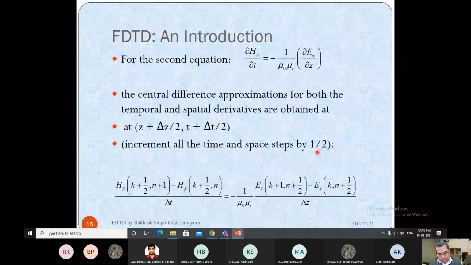Then again you calculate the electric field and so on. So you do not calculate electric field and magnetic field at the same location. You calculate them at different locations, one by one. First electric field, then magnetic field, then electric field, and so on. That can be clearly seen, and we'll show you in the next slide also.